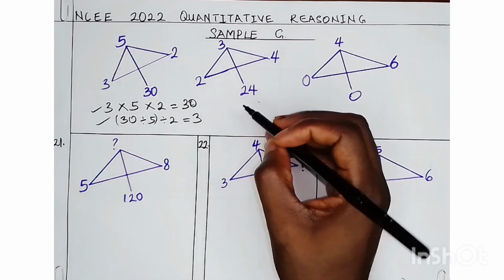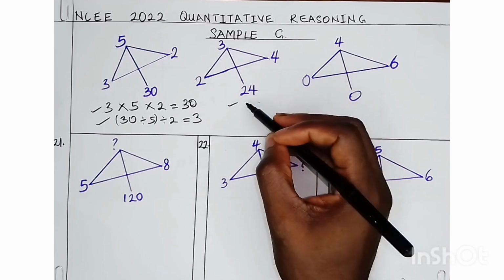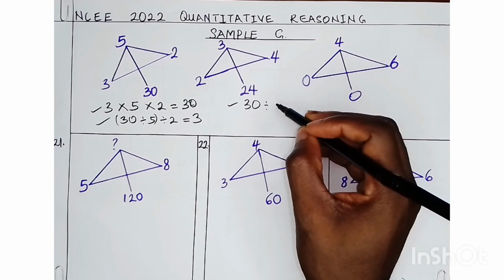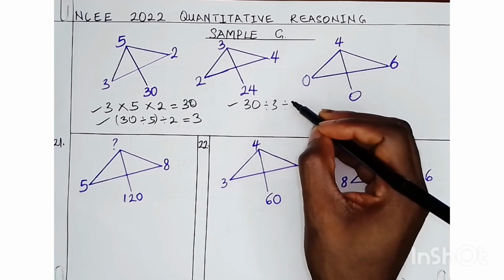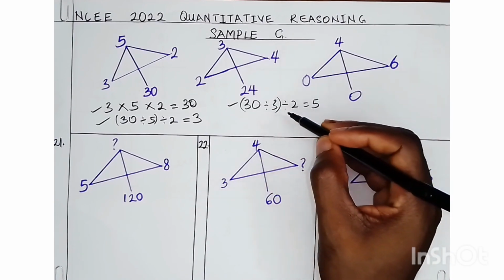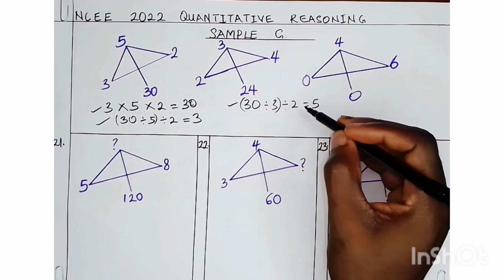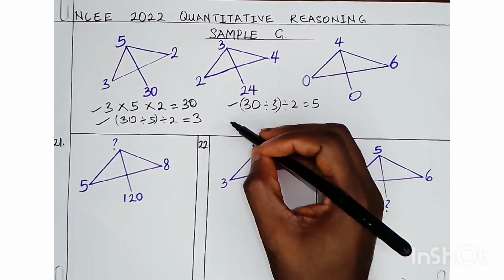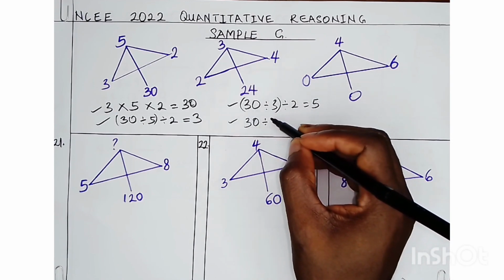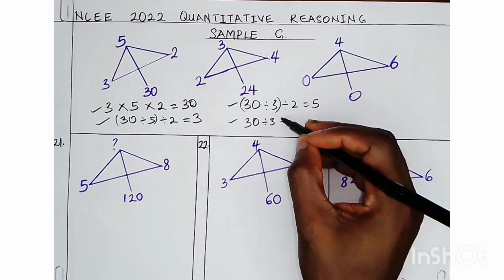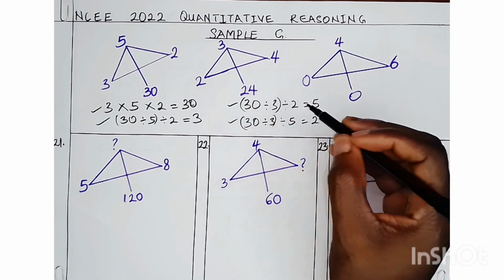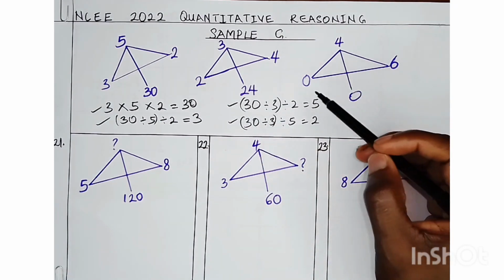The second one, if we're looking for 5, we divide 30 again. 30 divided by 3 divided by 2 will give us 5. 30 divided by 3 is 10, and 10 divided by 2 is 5. Then to get our 2, 30 divided by 3, then we divide the answer by 5. We have 2. If you don't want to split the division, you could multiply the 2 components.